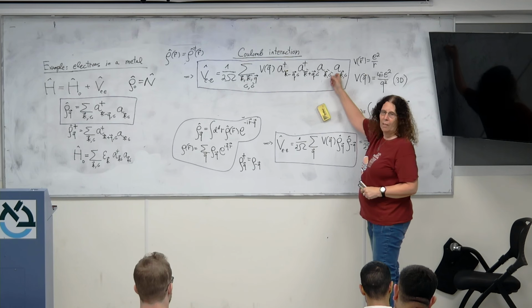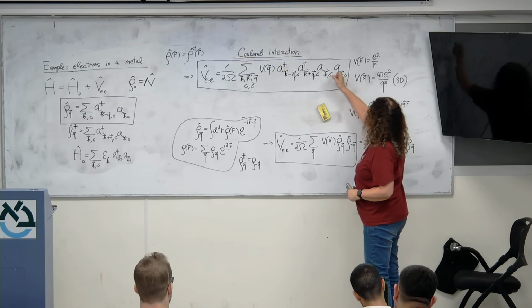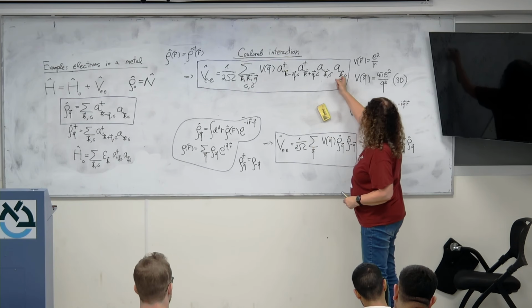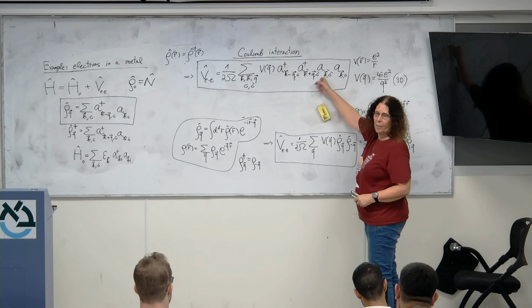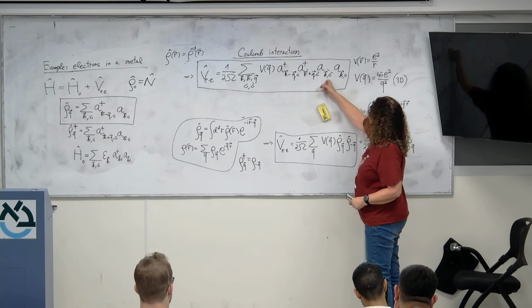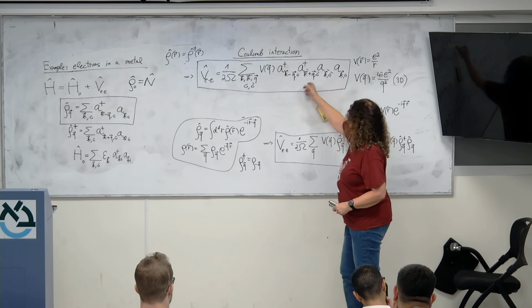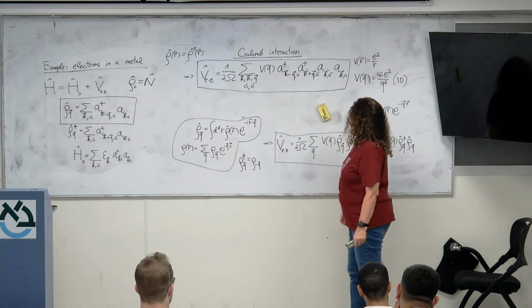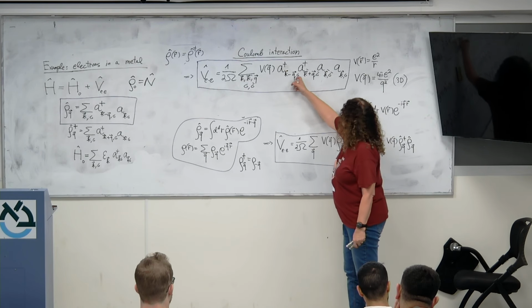You annihilate an electron with wave vector k, spin sigma, and wave vector k prime and sigma prime, and recreate them with different momenta.